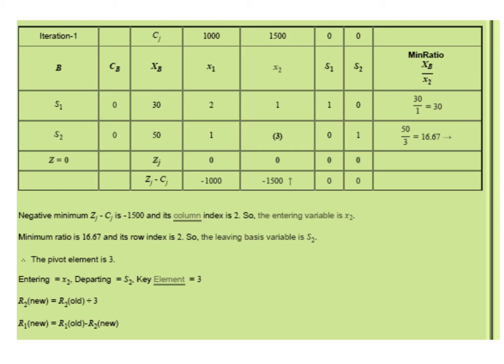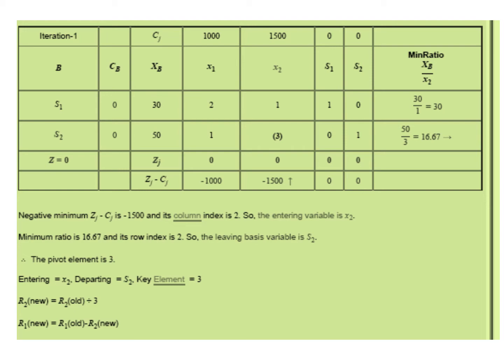Now, we begin the first table with S1 and S2 in the base. That is, we are giving values of 0, 0 to x1, x2. In other words, we are beginning our search for the optimal solution by starting off at the origin 0, 0.